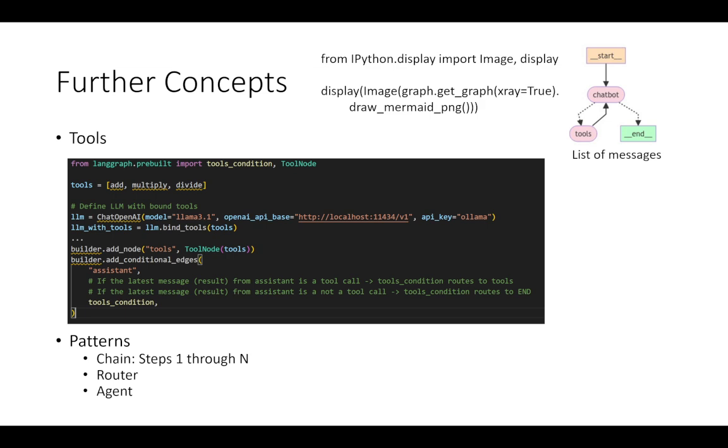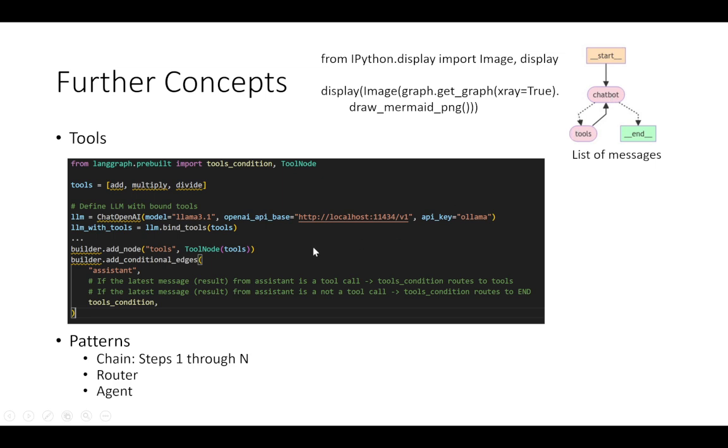Then you have to add a node called tools. You can name it anything, but then you have to use a tool node from the LangGraph pre-built, and you have to pass the tools that you want to use. And then you add a conditional edge from this assistant or chatbot node.